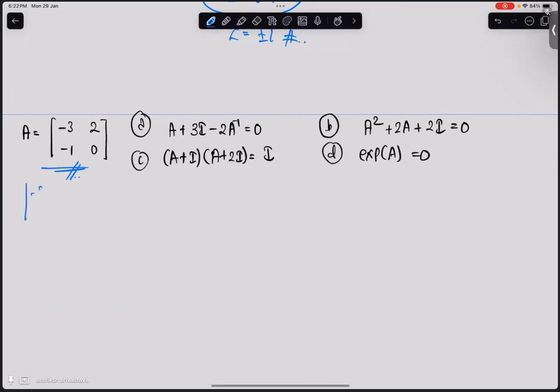So let's try to get the characteristic equation. So -3 minus lambda, 0 minus lambda, 2, -1 is equal to 0. So (-3 minus lambda) into (minus lambda) minus of (-1 into 2) is equal to 0. I'm not writing the step that first we are doing determinant of A minus lambda I is equal to 0. I have directly written it here.